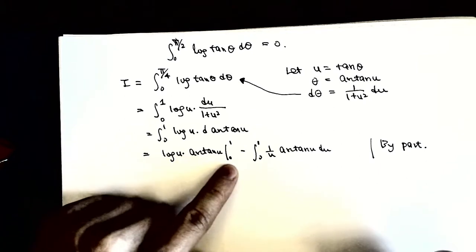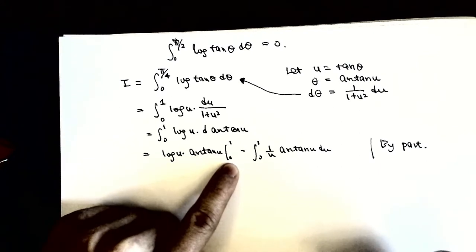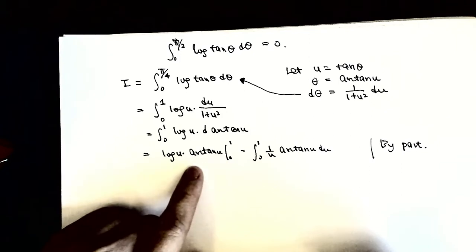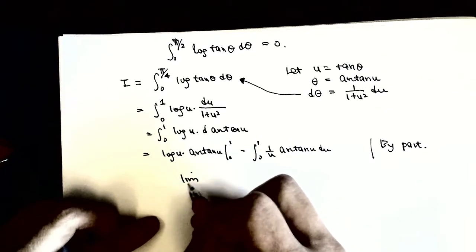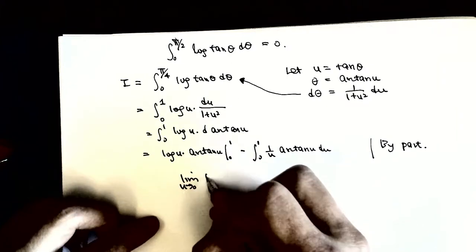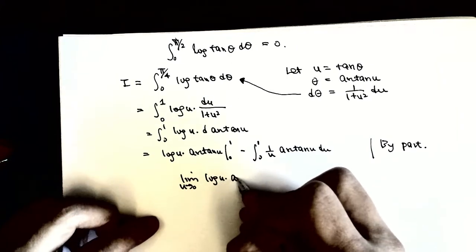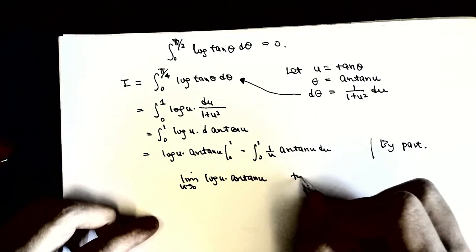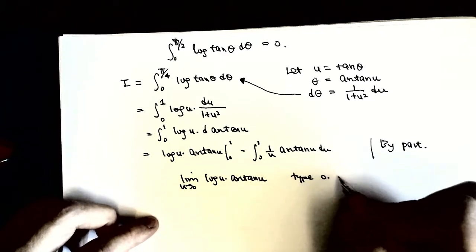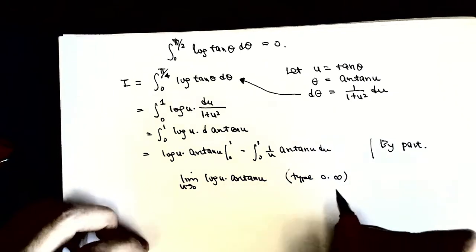But the problem is that when u is equal to 0, this limit seems a little bit funny. So we have a look. The limit as u tends to 0 of log u times arctangent u is actually a type of zero times infinity.